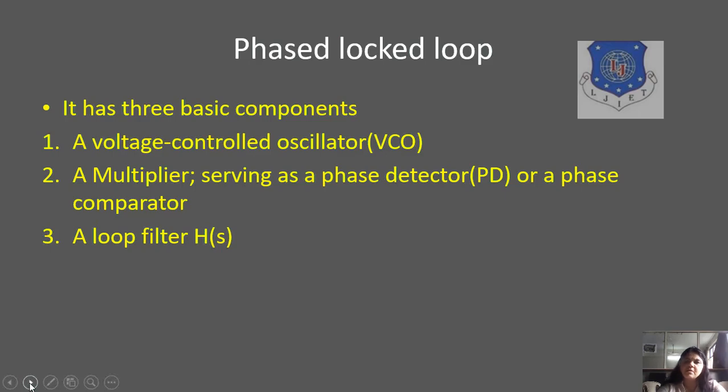So three basic components are required in the phase lock loop: voltage control oscillator, multiplier, and the loop filter. Using all these, we can draw the block diagram and the equivalent circuitry for the PLL.